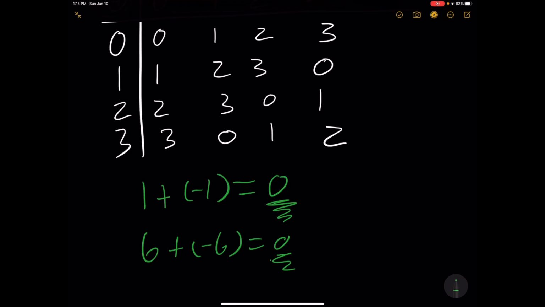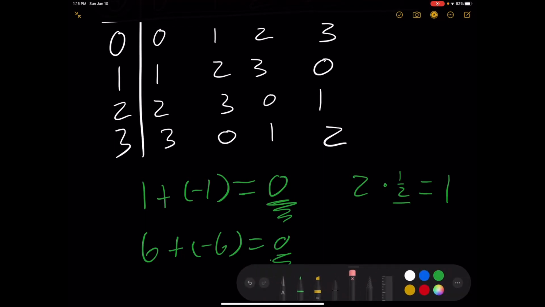If you're thinking in terms of multiplication, well, 2 times what equals the multiplicative identity, which is just 1? 2 times 1/2 is equal to 1. So 2 and 1/2 are multiplicative inverses.